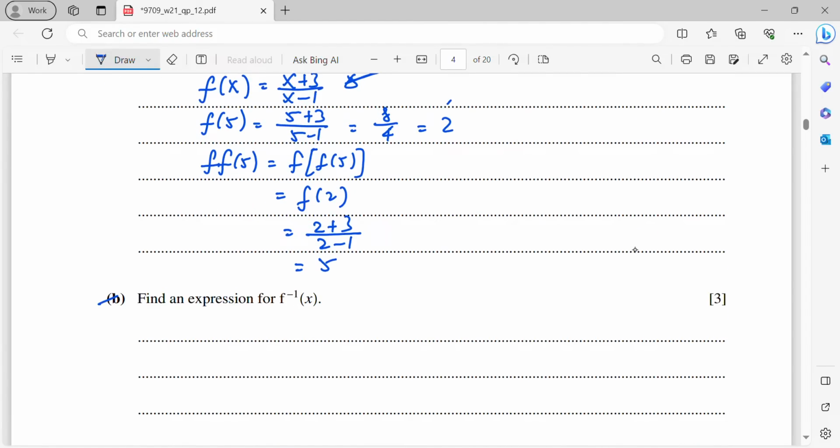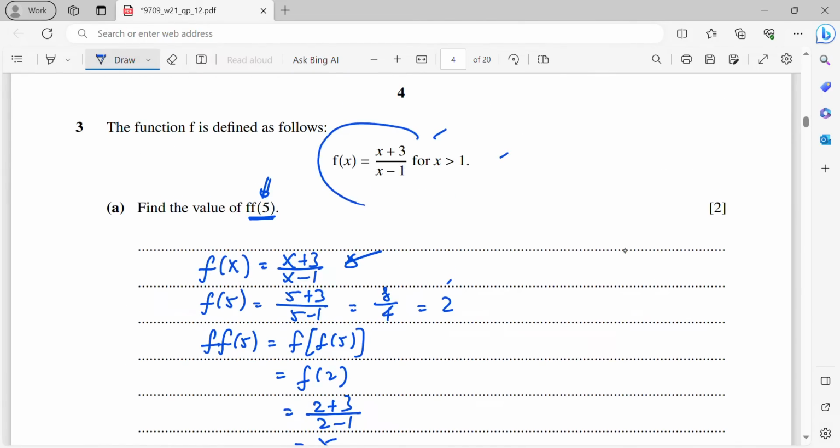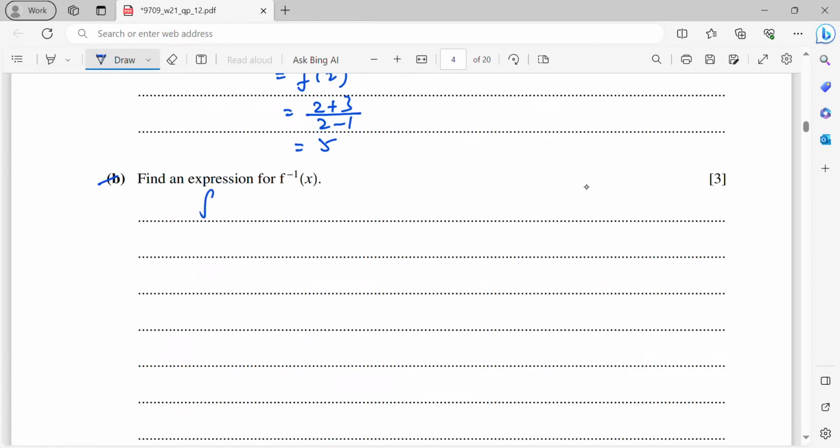Now, B, find the expression for f inverse. So for f inverse, I need to refer to the f(x) and let this f(x) be y. And after that, get the x as a subject. So my f(x) is (x plus 3) over (x minus 1). Let y be f(x).